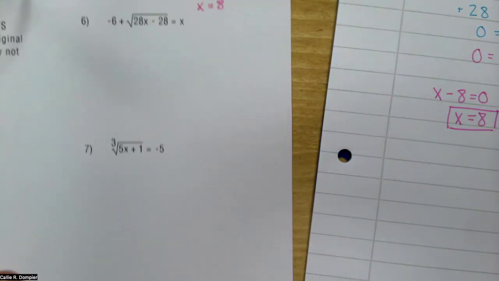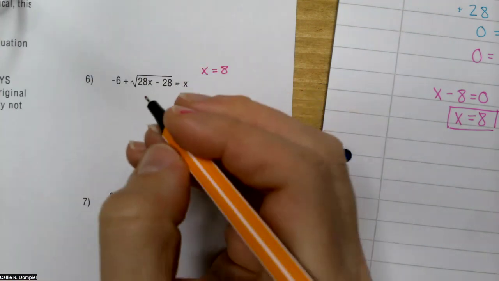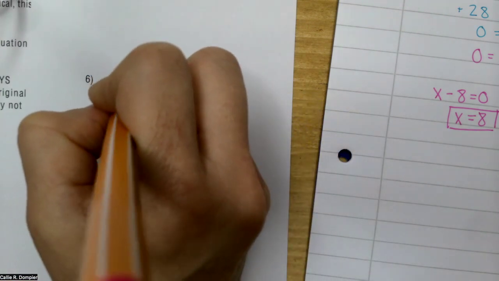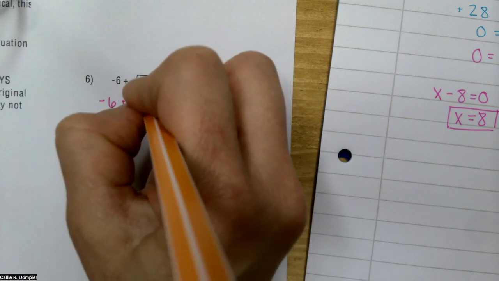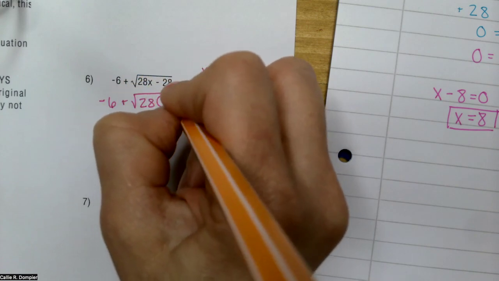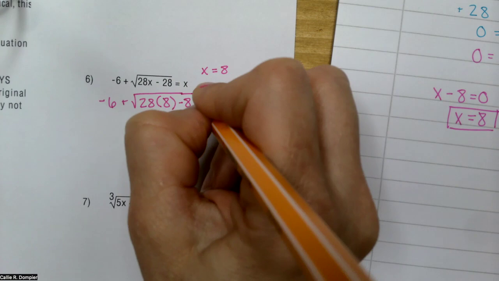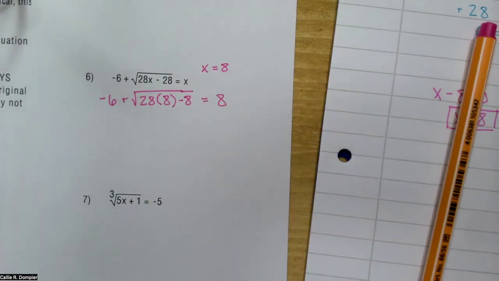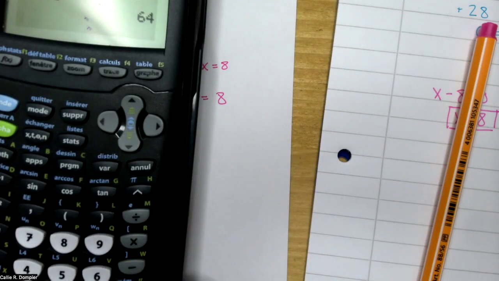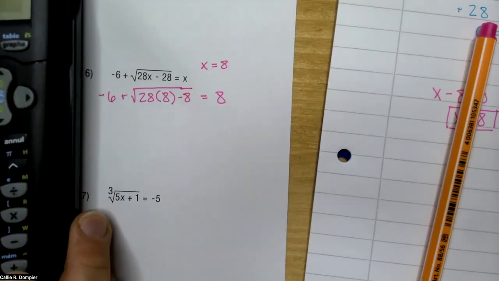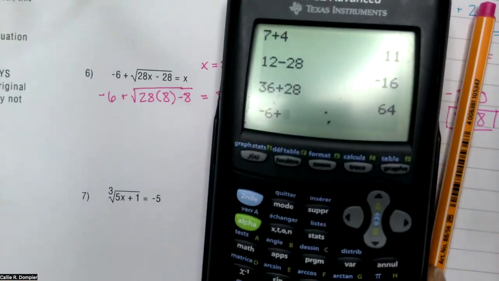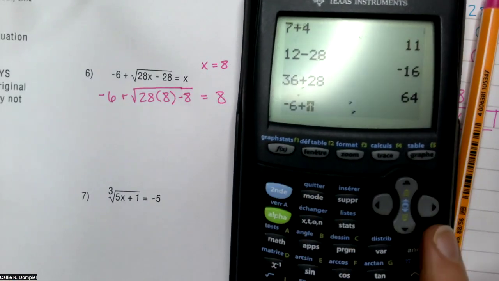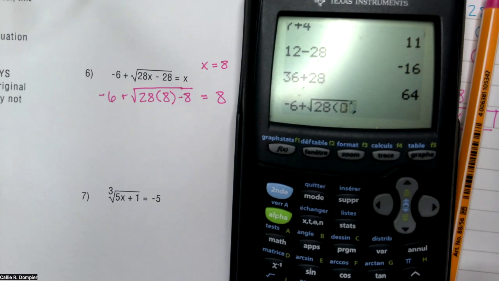And let's make sure it's true over here. So that would be -6 plus the square root of 28 times 8 minus 8 should equal 8. Is that true? -6 plus the square root of 28 times 8 minus 8, sorry, minus 28.